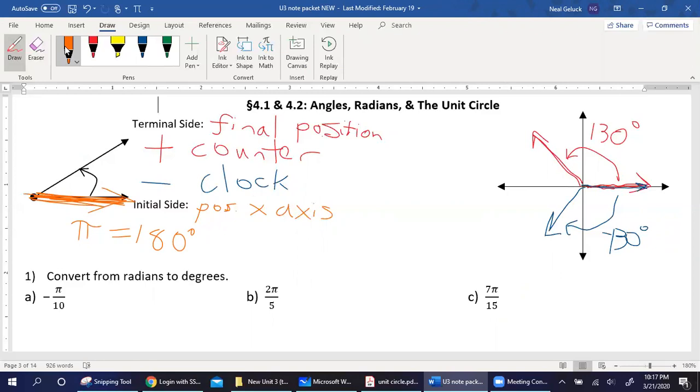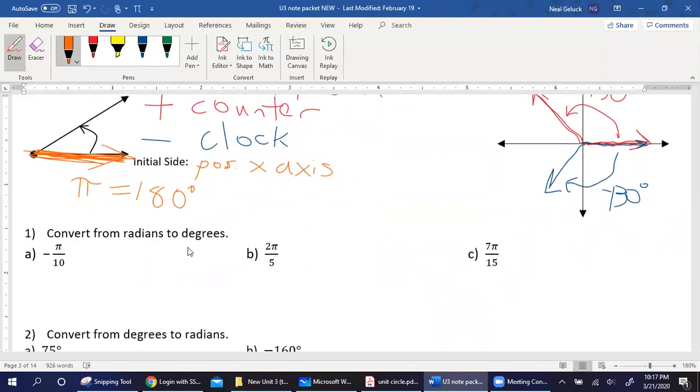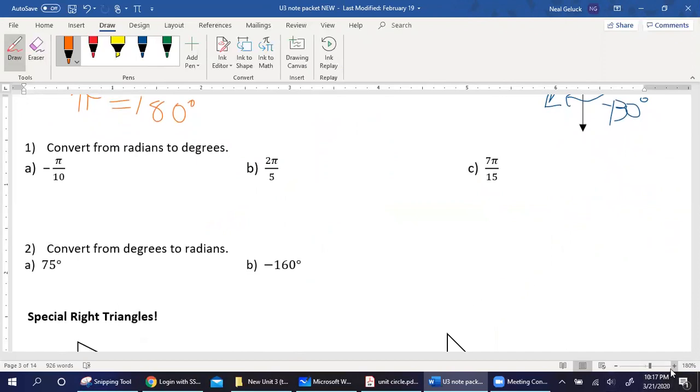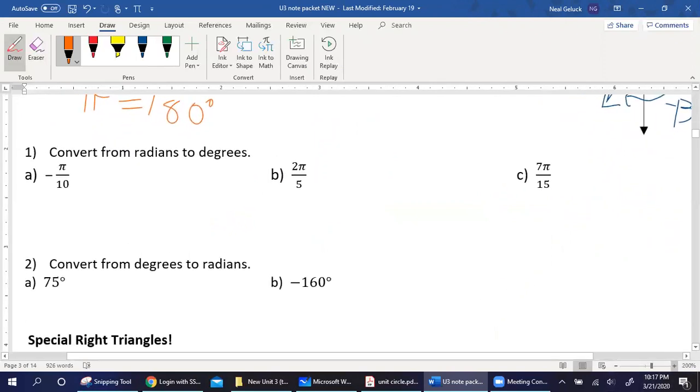I can use that as a conversion factor to be able to convert from radians to degrees and back and forth. So what I mean is, for number 1, A, B, and C, if I want to convert these to degrees, think of it like when you would multiply by something like 12 inches is 1 foot to convert units. Same exact idea here.